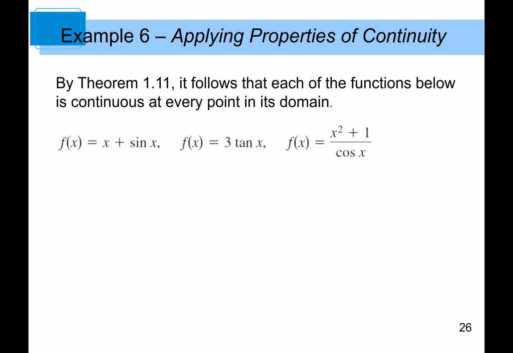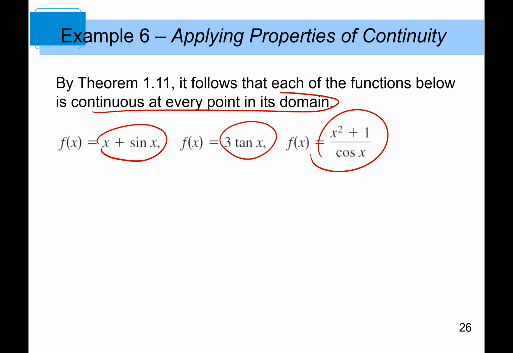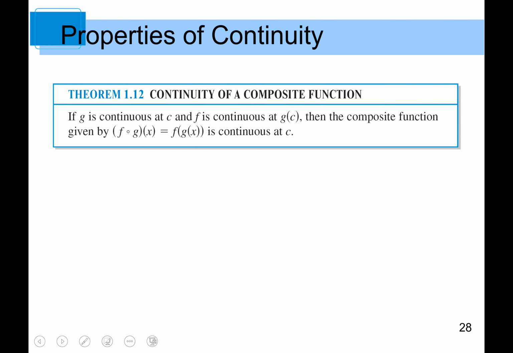And as you can see, using the properties of continuity, we know that all these functions are also continuous within their domain. If g is continuous at x equals c, and f is continuous at g of c, then the composite function given by f of g of x is continuous at c.